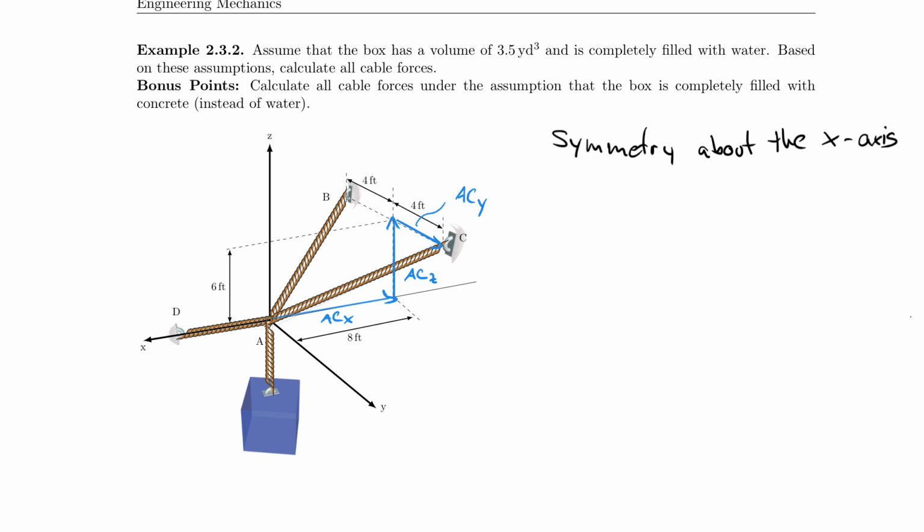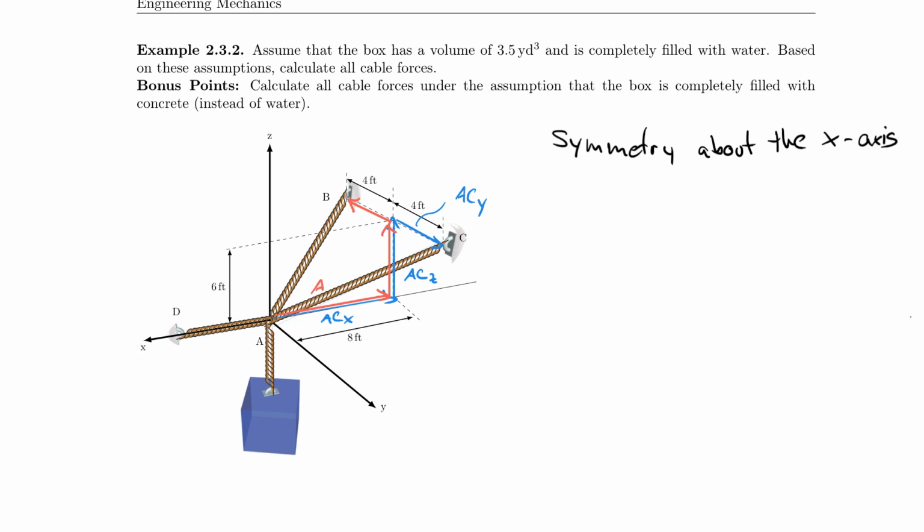And of course, I can do that for the other cable as well. Let's do that just for visualization purposes. So I have this component, this component, and the last component, which my ruler does not play along, but it's going in this direction.